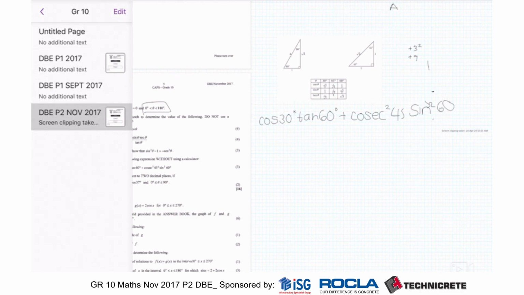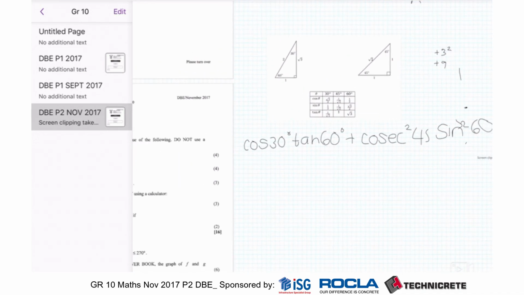Okay, so cos 30, so you would look at your triangle. Cos 30 is going to be root 3 over 2. Tan 60 is going to be opposite over adjacent, so root 3 over 1.